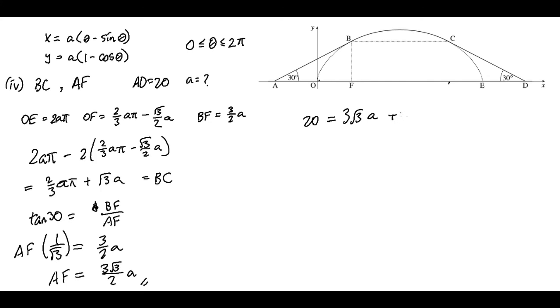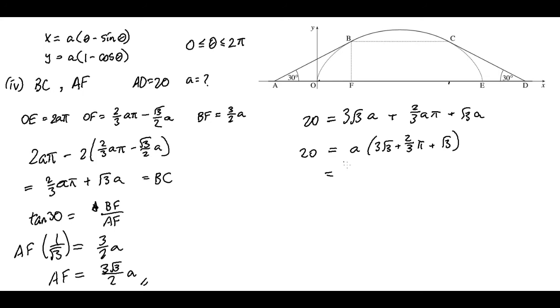So BC, as we have found, is 2/3 a pi plus root 3 a, is equal to 20. Now I can factorize the a out to get 3 root 3 plus 2/3 pi plus root 3 equals 20, and put them all into the calculator because I do not want to do that in my head. It would be really difficult, to be honest.